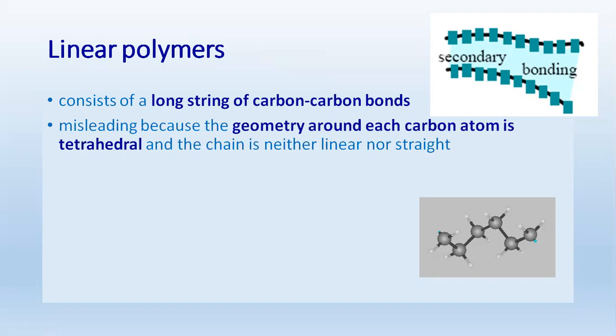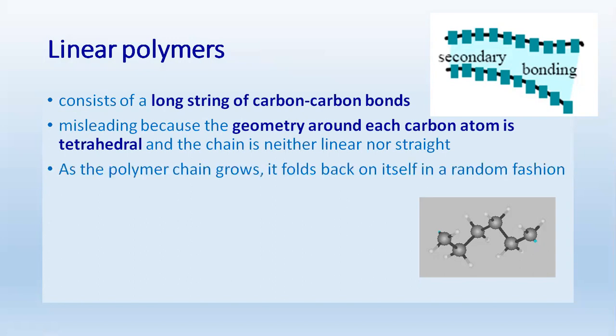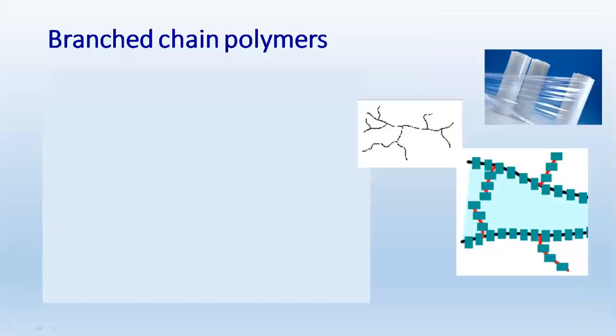The name is misleading because the geometry around each carbon atom is tetrahedral, and the chain is neither linear nor straight. As the polymer chain grows, it folds back on itself in a random fashion. Example: polyethylene.